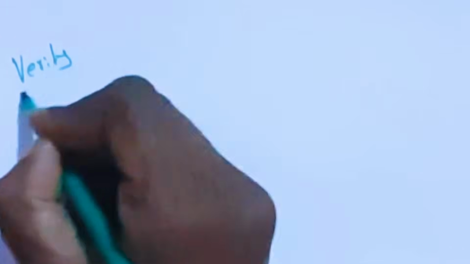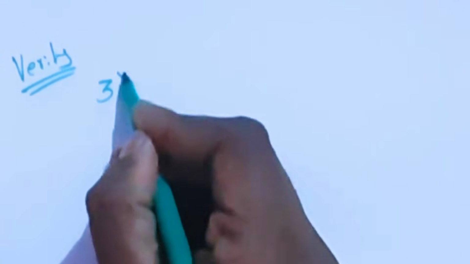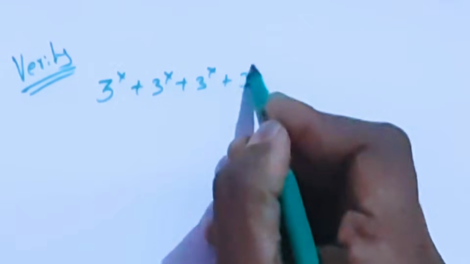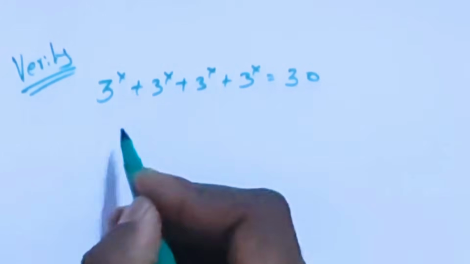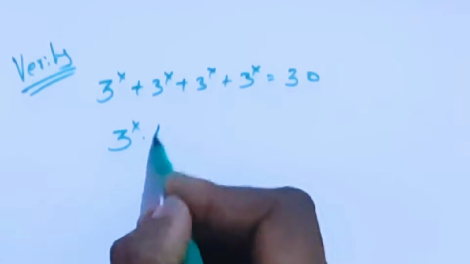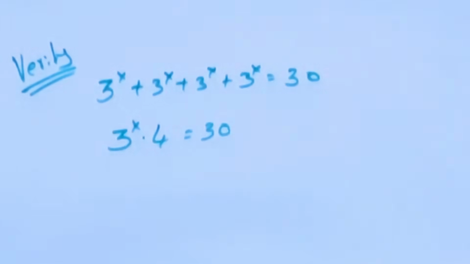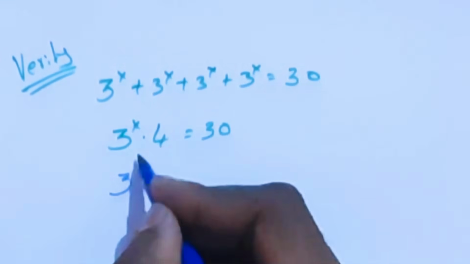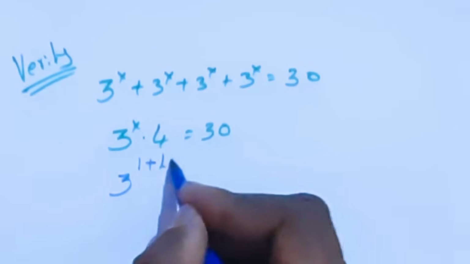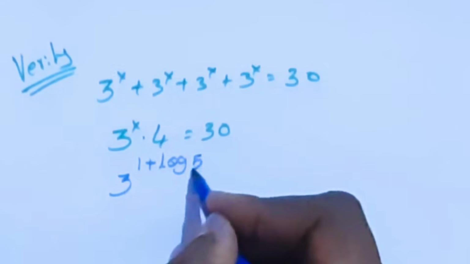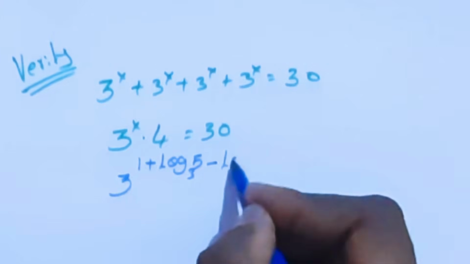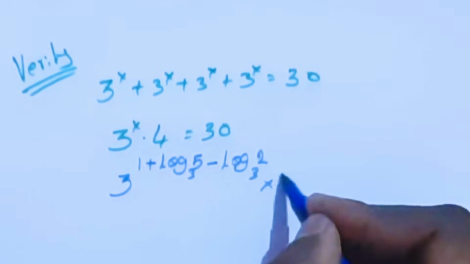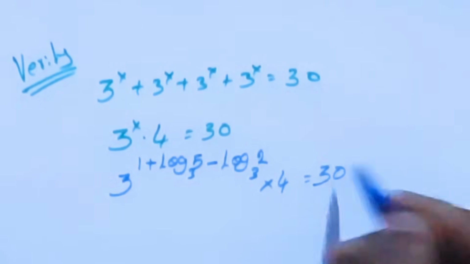Verify. 3 power x plus 3 power x plus 3 power x plus 3 power x equal to 30. Now 3 power x times 4 equal to 30. Now we know that x value is 1 plus log 5 base 3 minus log 2 base 3, so 3 power x times this 4 equal to 30.